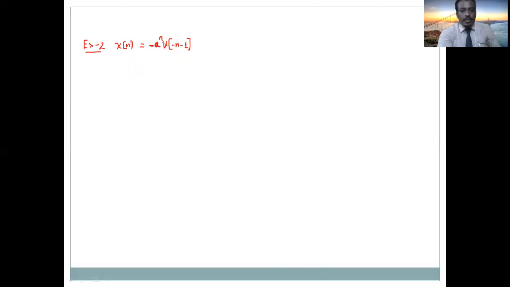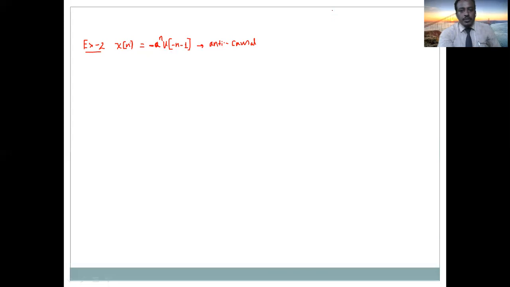This sequence is anti-causal. Why anti-causal? Because it is multiplied by u of minus n minus 1.